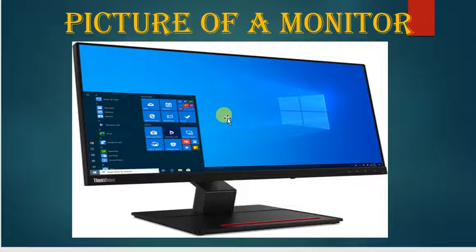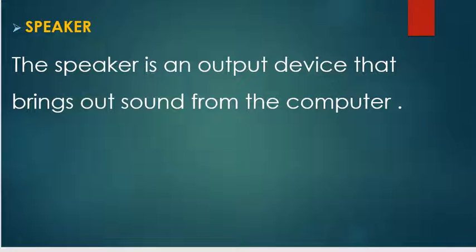Now, in the next device, we have what we call the speaker or the computer speaker. We normally attach speakers to computers when we want to hear sound from the computer. Okay, so the speaker is one of the output devices that also brings out sound from the computer.